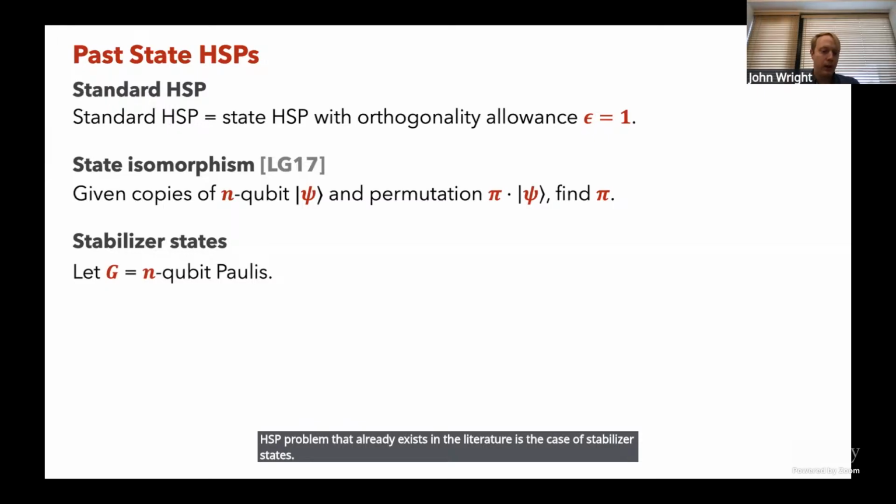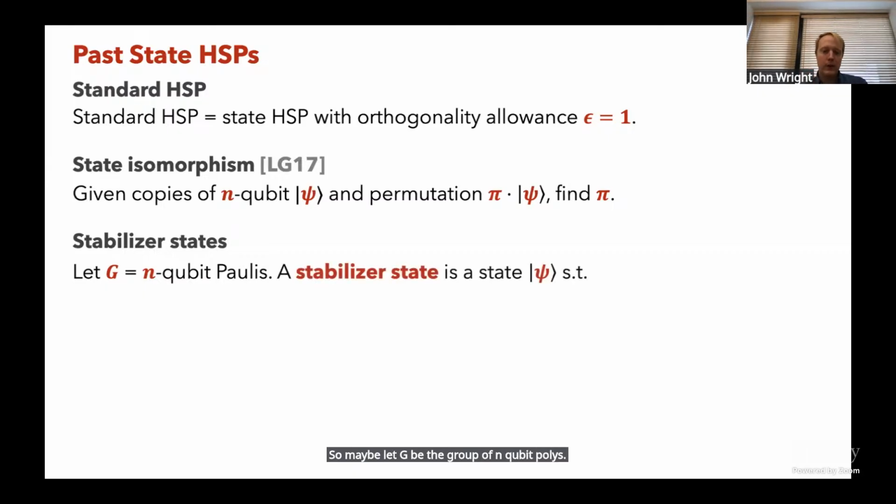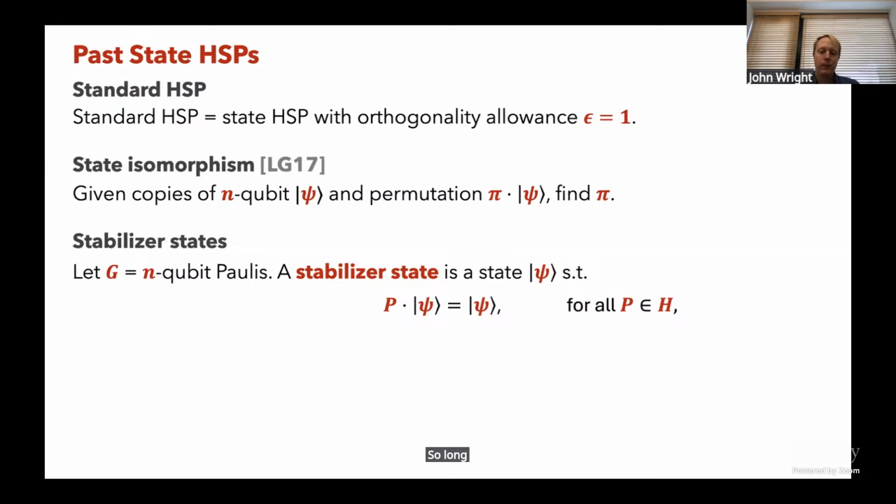So maybe let G be the group of n-qubit Paulis. And a stabilizer state is just a state psi such that if I take a Pauli matrix P and multiply it by psi, I always get back psi, so long as P is in a set H. And what is H?